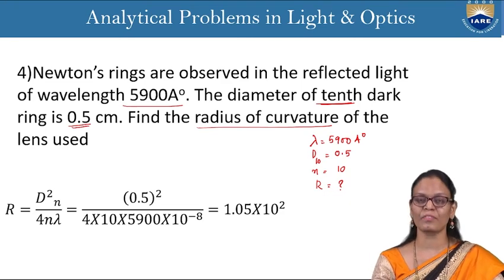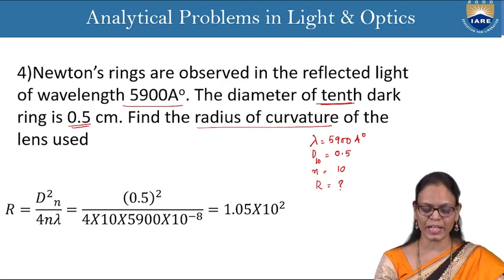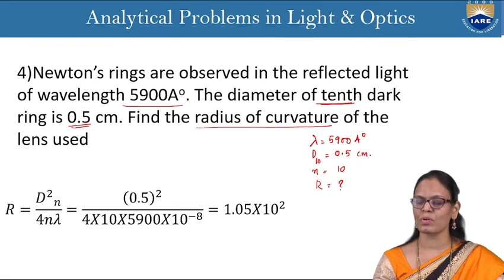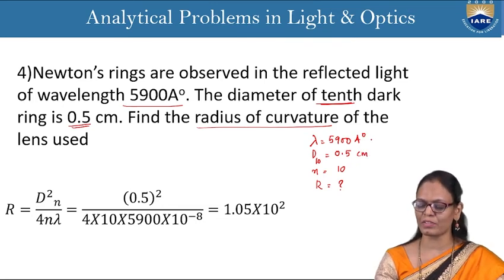We have to find R, the radius of curvature. So what is the formula we have for R? dn square, that is the diameter of that nth ring, here it is the 10th ring, so dn square upon 4n lambda. What is the diameter given? 0.5 centimeter. So we will convert the wavelength also into centimeter: 5900 into 10 power minus 8 centimeter.